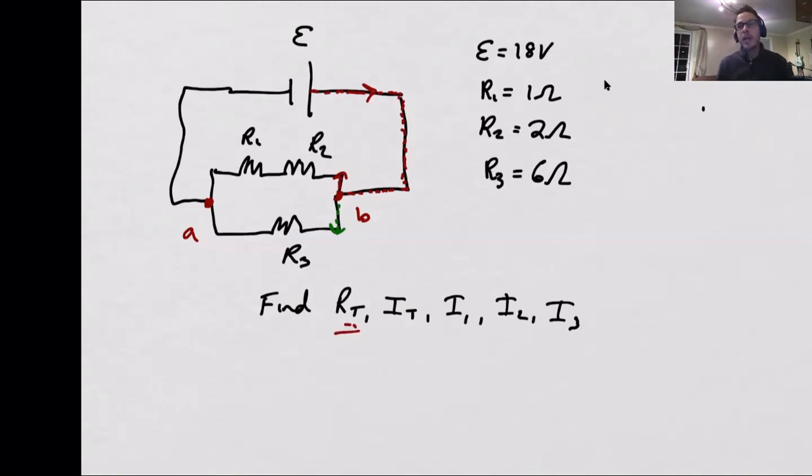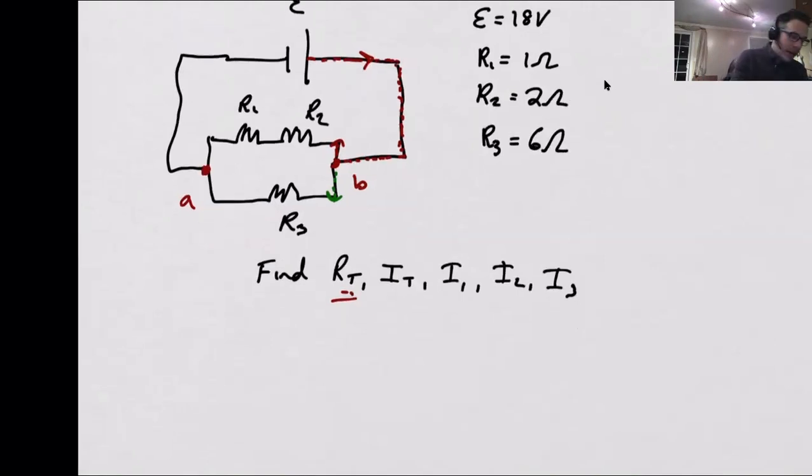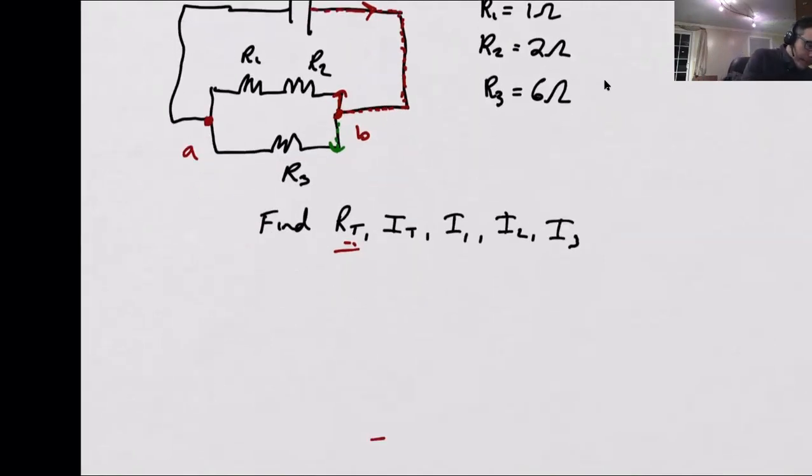Okay, so again, we get to point B and right away we see a junction. We have a choice as to where to go, which means that those 2 branches are in parallel with one another. So let's spell it out. I see that R1 and R2, however, are in series. They're back to back, right?